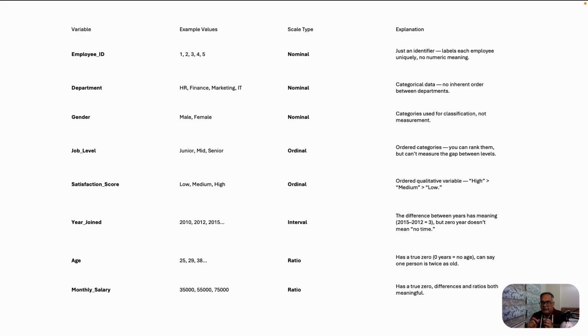And then in both quantitative and qualitative variables, what you can do with this data, whether you can divide the values by each other, add or subtract them, or rank them in comparison to each other, scales will tell you that. And once you have this clear, you can do further data analysis.